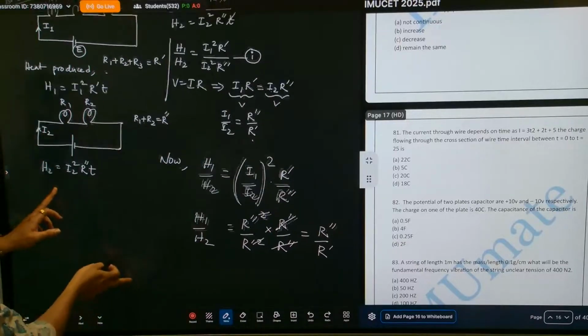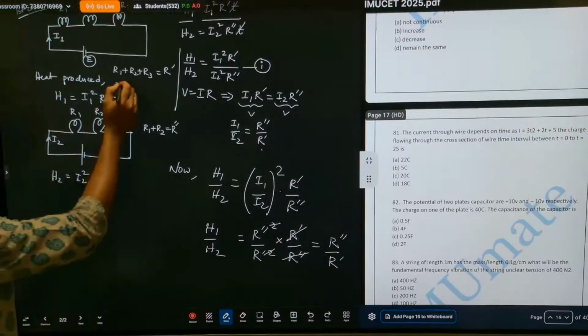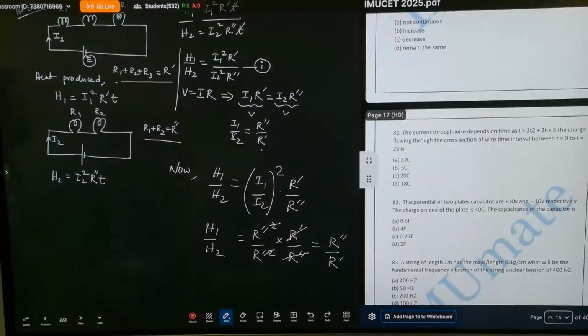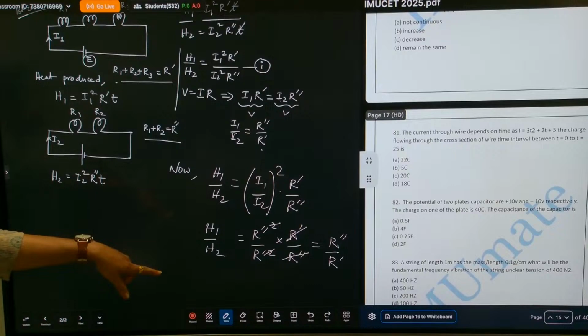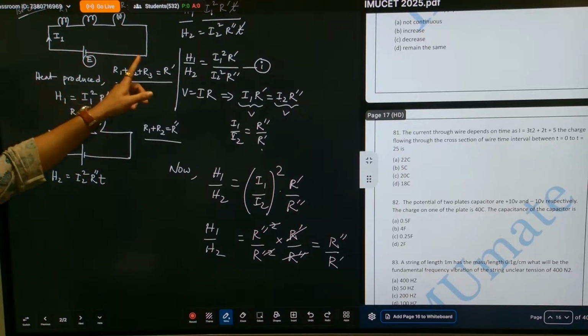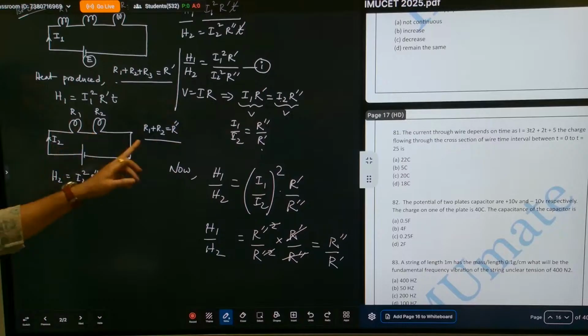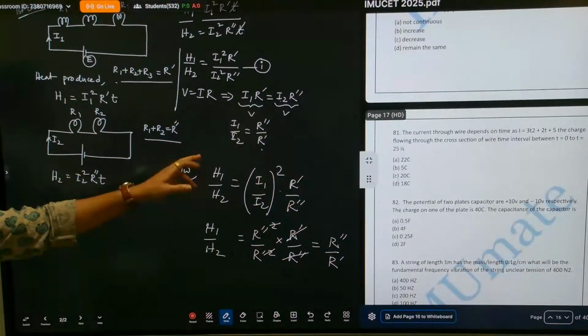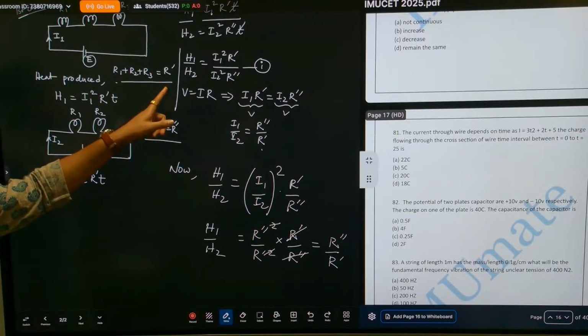Now look. Say which one is greater, R dash or R double dash? R dash is greater than R double dash. Why? They are in series. Let's say 1, 1, 1. How much? 3. 1 and 1, only 2. So in series resistance will be greater.